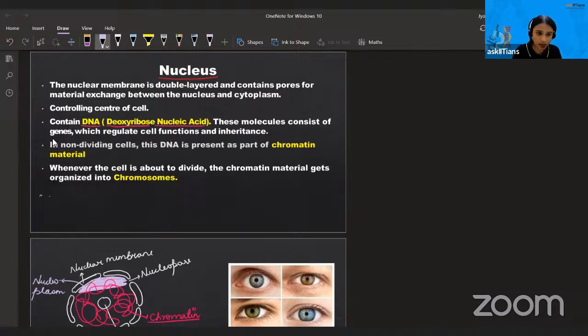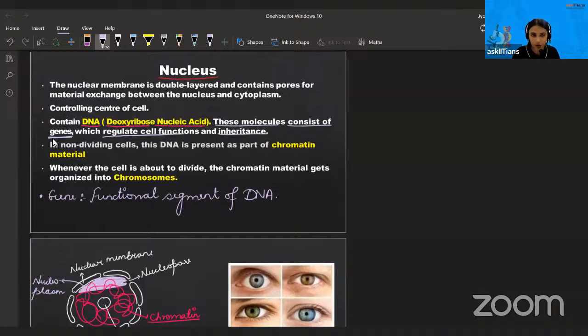So the gene is the functional segment of DNA which regulates cell function. DNA, which is deoxyribonucleic acid, consists of a large number of genes which regulate cell function and inheritance.